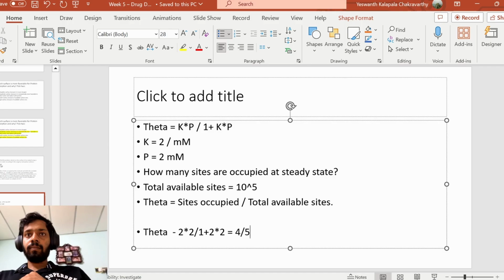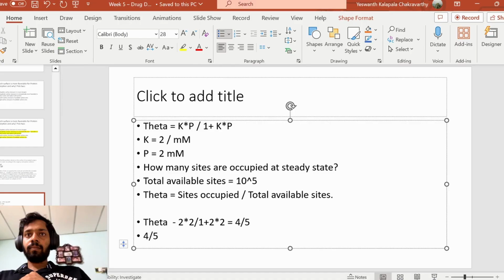So 4 by 5. Now we also know theta is sites occupied over total available sites. So 4 by 5 is equal to sites occupied, which we do not know and which is what we want, divided by total available sites, which we know. They've given us 10 to the power 5, right? So all you have to do is calculate the sites occupied.